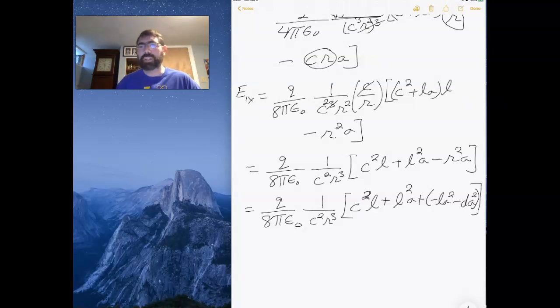Okay, so basically what I did was I took the r squared right here and rewrote it in terms of L squared plus D squared.